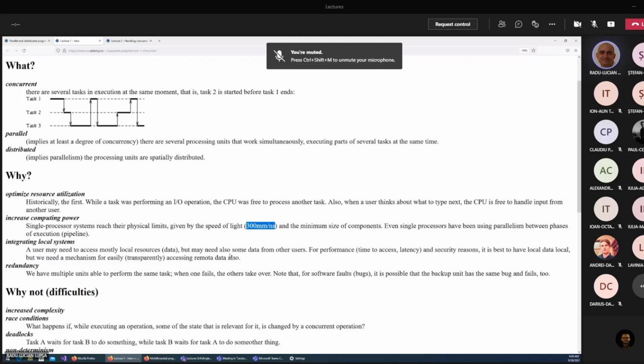And the speed there decreases to about 200 millimeters per nanosecond. So this means the signal travels only 5 centimeters during one clock cycle. And this is about the scale of the chip. So probably there is some link in there.